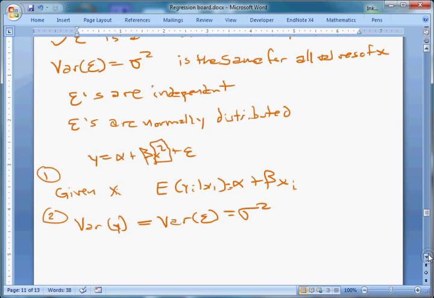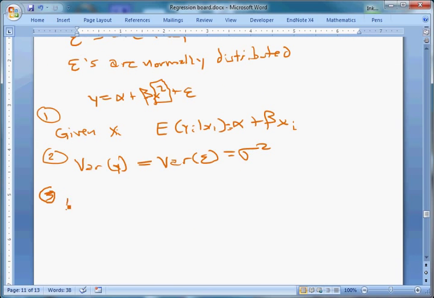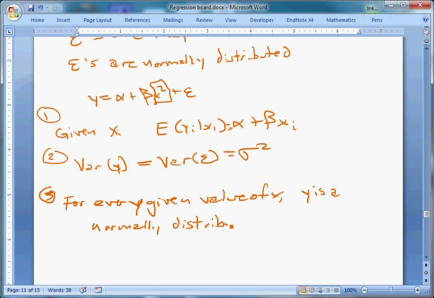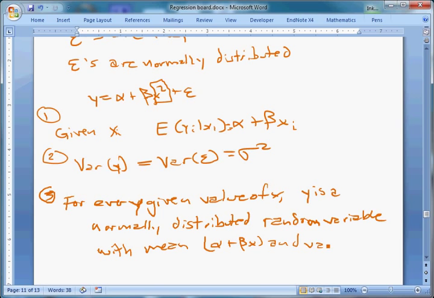As a result, what these assumptions really turn into is that for every given value of x, y is a normally distributed random variable with mean alpha plus beta x and variance sigma squared, right?